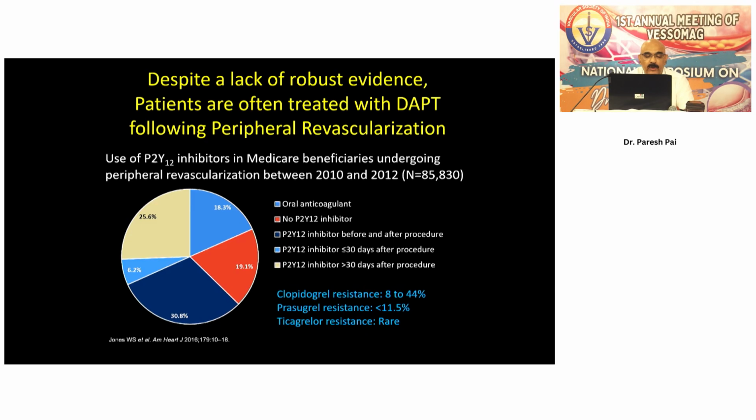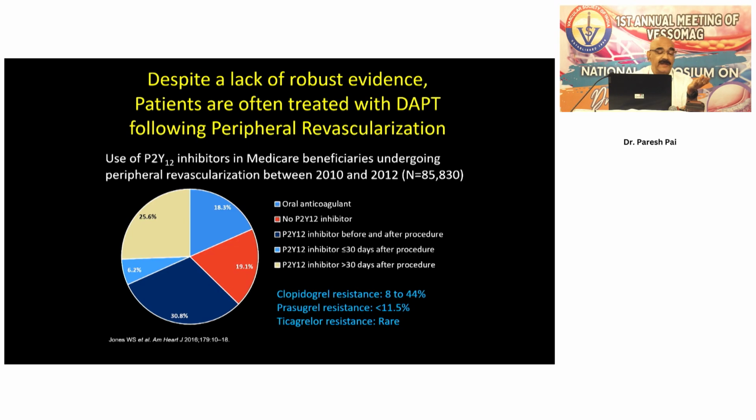What is also important to understand is the incidence of clopidogrel resistance. It can be 8 to 44%. That's pretty high. So if you are going to be relying on aspirin and clopidogrel, especially using drug-eluting technology, one doesn't really know whether your antiplatelet therapy is going to be effective or not. And that's a big ask after you have done all this procedure.